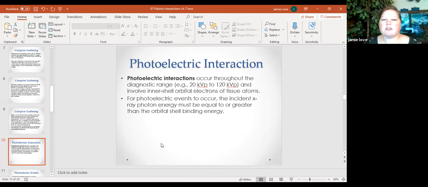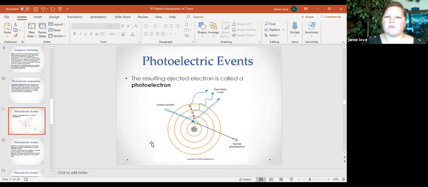So when photoelectric events happen, the incident X-ray photon, meaning the incoming X-ray photon, its energy must be equal to or greater, slightly greater, than the orbital shell's binding energy.